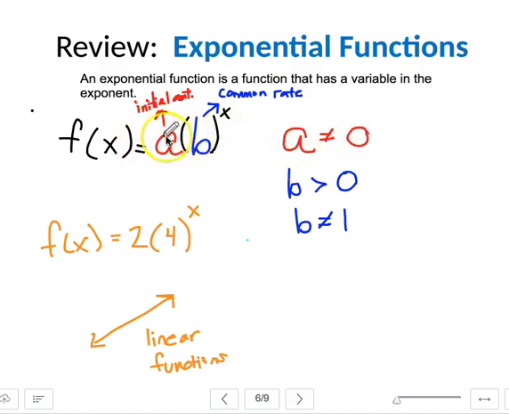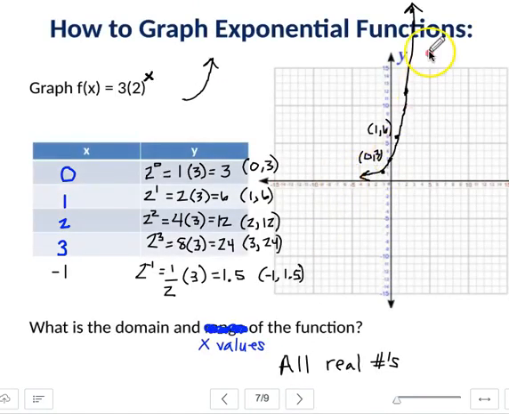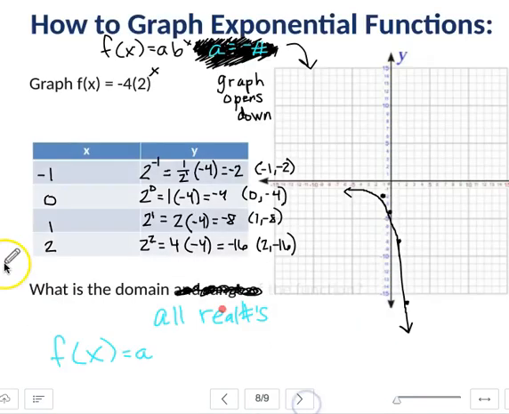If it's a positive number, we're going to open up. If it's a negative number, our graph will open down. And then the number that's attached to the variable exponent cannot be equal to 1, and it has to be greater than 0. And then we get our shapes of exponential functions. They're that half U shape, either opening up or opening down.